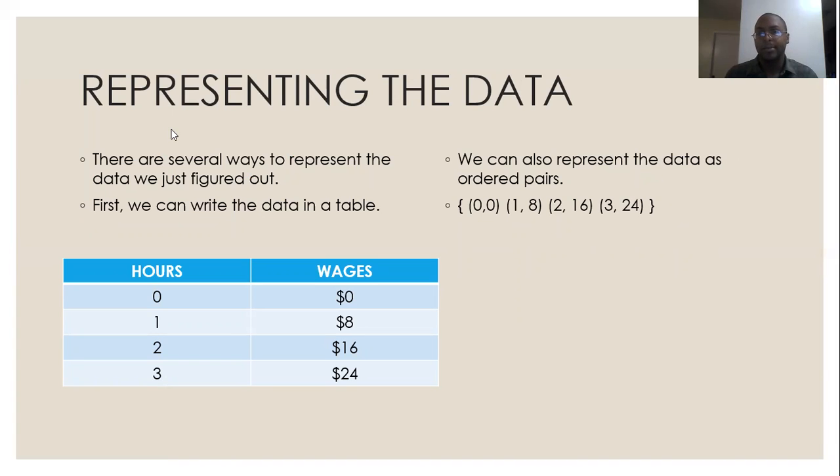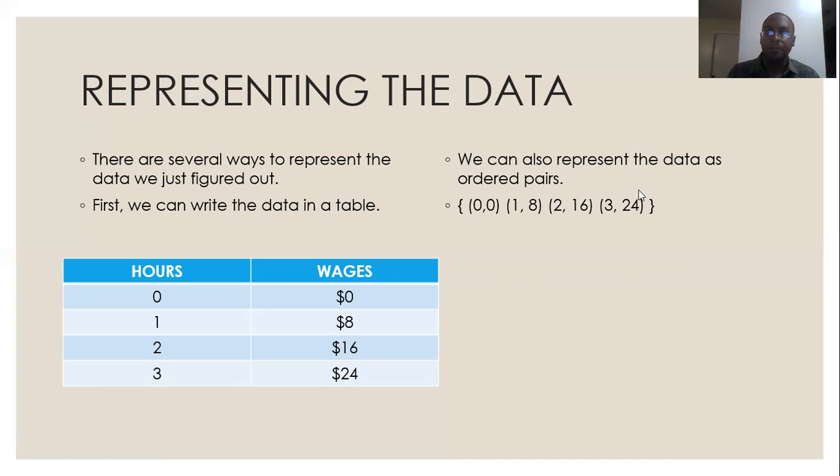Okay, if I work 0 hours, I get $0. If I work 1 hour, I get $8. Work 2 hours, I get $16. 3 hours, I get $24. So I could write it that way. I could take all the information and put it into a table. You've seen a table before, you know what a table looks like. I could basically just list them out, hours, wages, like so. That's one way I could write it.